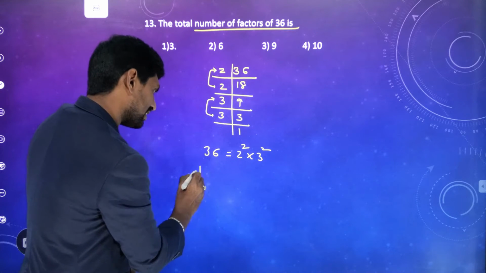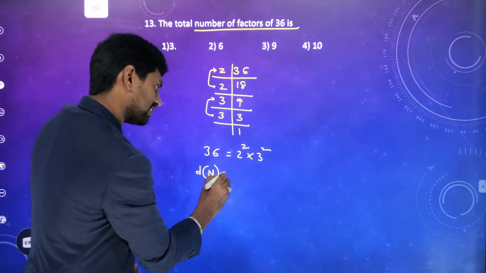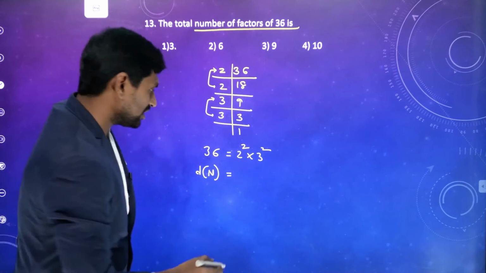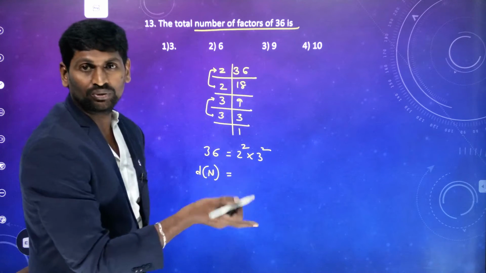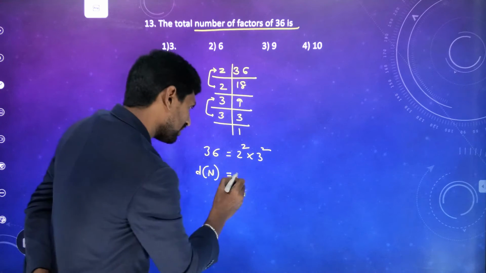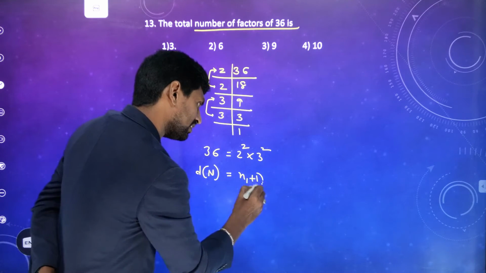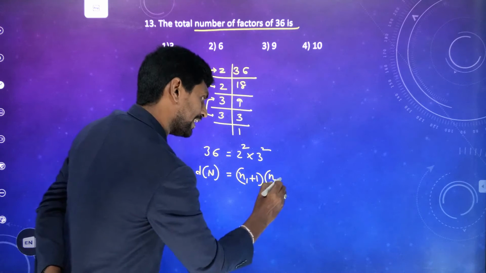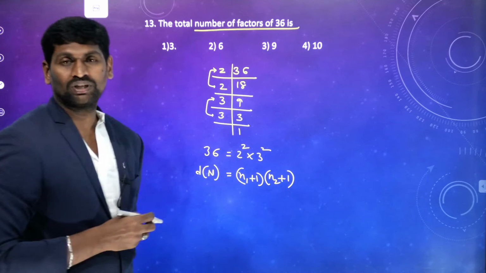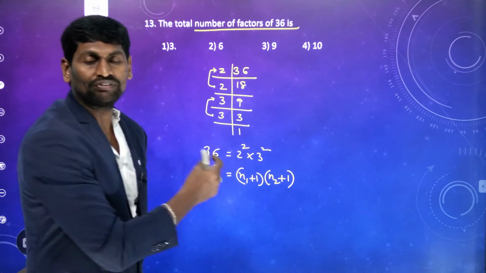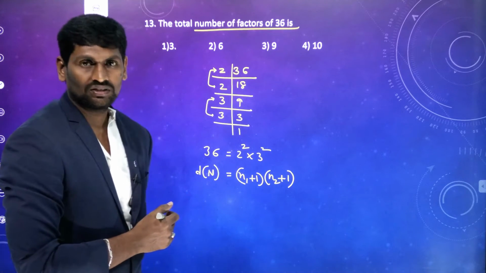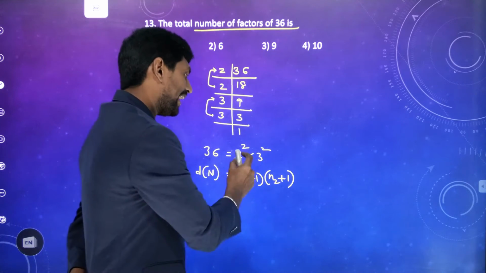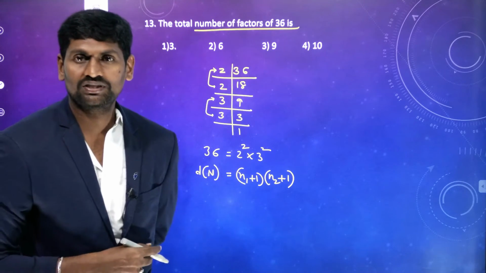Now the number of divisors of a number is equal to, what is the formula, children? (n1 plus 1) into (n2 plus 1). Here n1 and n2 are the exponents of the prime numbers.